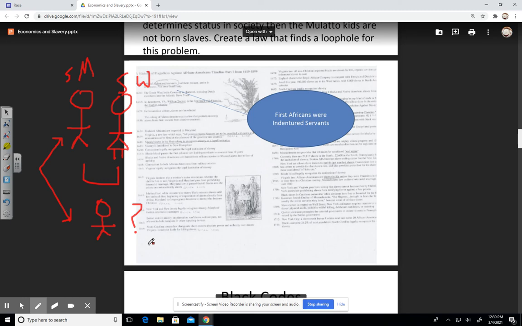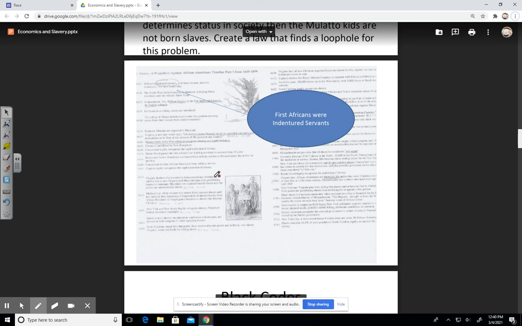Is this child born free or born a slave? If we use the early 1600s, that would say that this child is born free and probably at the mercy of the slave master. So the slave codes are significant because they resolve some of these loopholes.